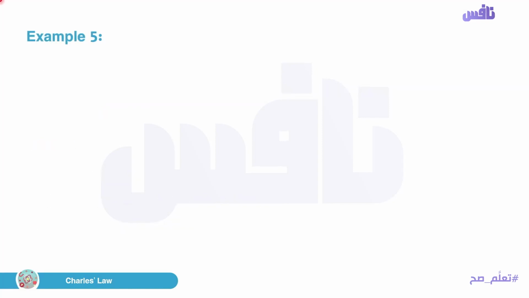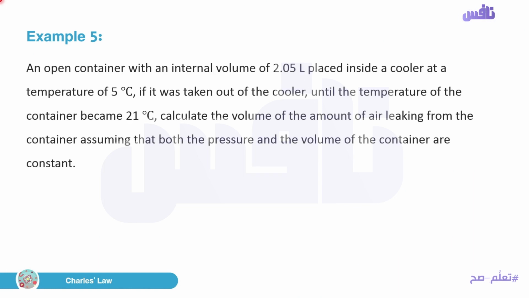Let's take the final example. An open container with an internal volume of 2.05 liters is placed inside a cooler at a temperature of 5 Celsius. It is taken out of the cooler, focus with me friends, until the temperature of the container became 21 Celsius.